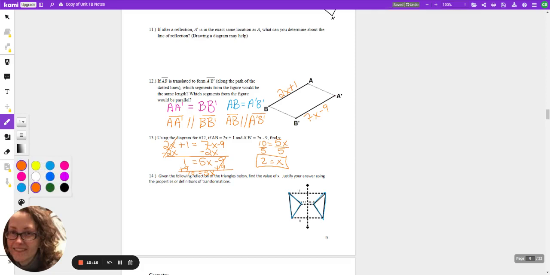This orange line here is going to be my line of reflection, and all of the other dashes are just measuring how far we are away from that line of reflection. Okay, so hopefully that picture makes a little bit more sense.